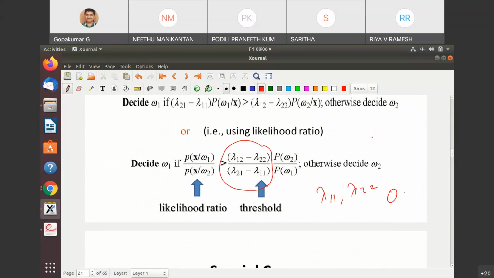And we have lambda 1 2 and lambda 2 1. They are the two different cases: class 2 wrongly predicted as class 1, and class 1 wrongly predicted as class 2, depending upon the severity of the wrong decision. For example, in medical cases, an HIV positive is really positive but predicted as negative.